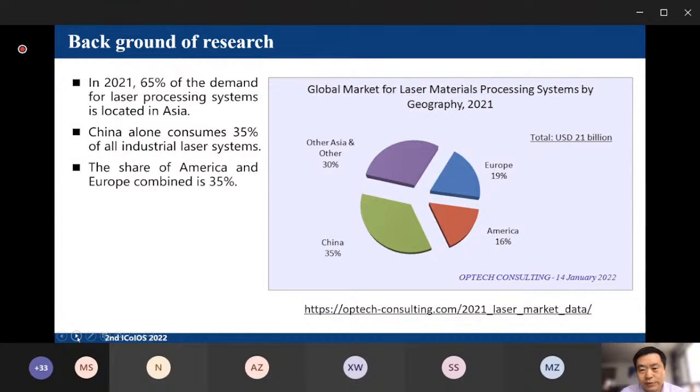Europe is 19%, and America is 16%. So the main domain of the laser processing market is in Asia. Please next slide.